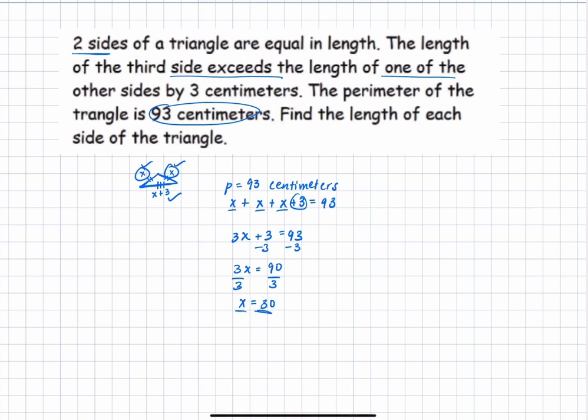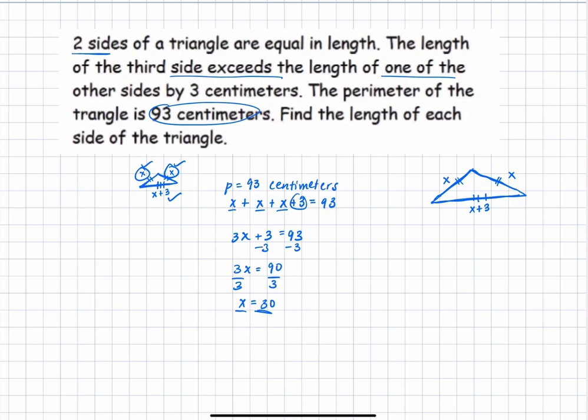Let's draw the triangle again a little bigger. So x, x, and x plus 3.